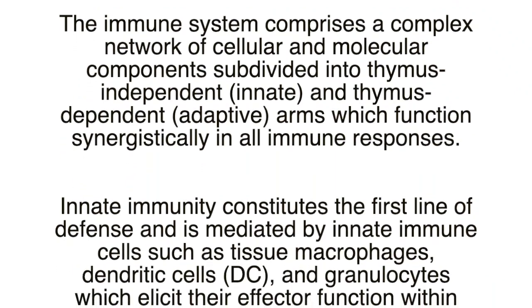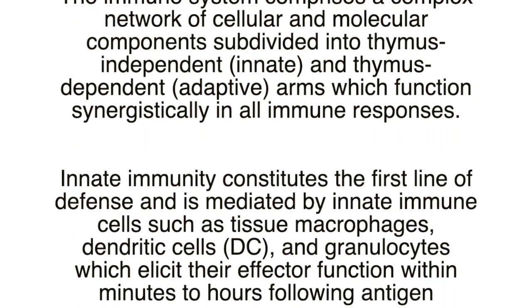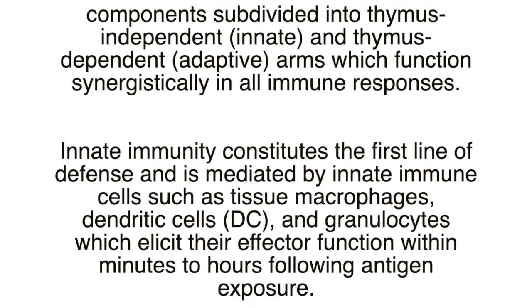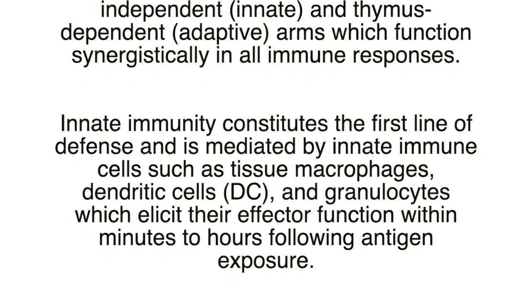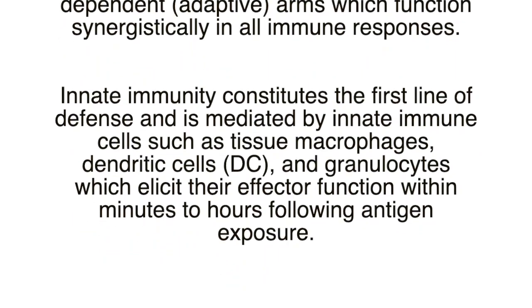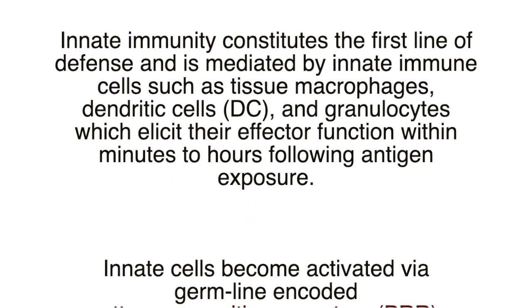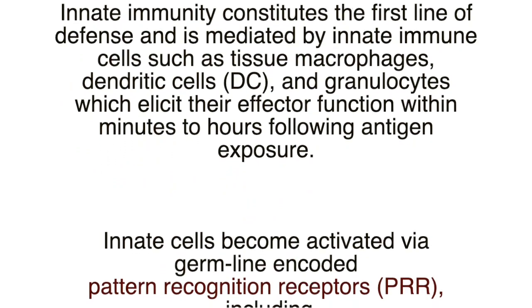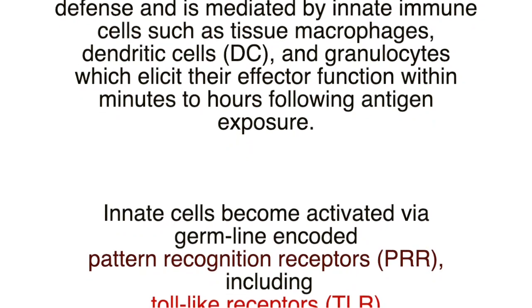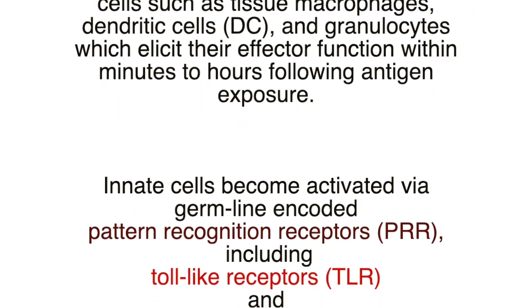Innate immunity constitutes the first line of defense and is mediated by innate immune cells such as tissue macrophages, dendritic cells (DCs), and granulocytes, which elicit their effector function within minutes to hours following antigen exposure.